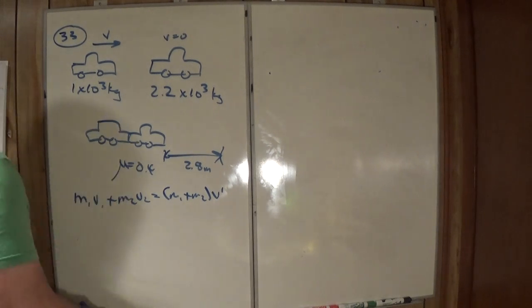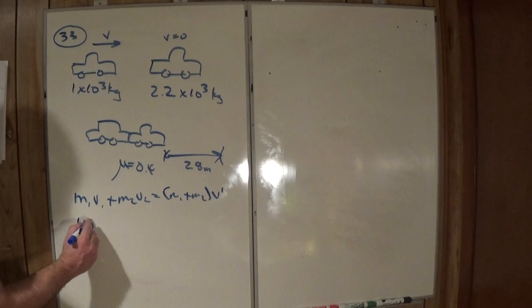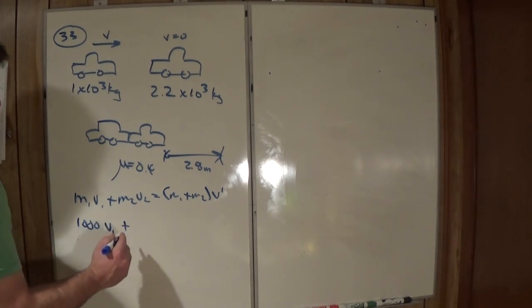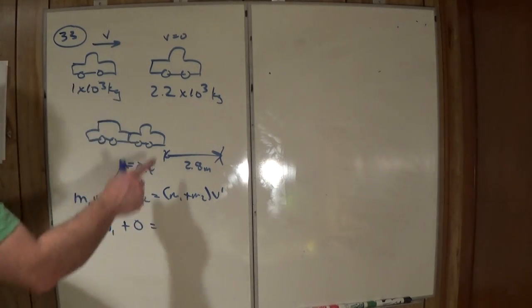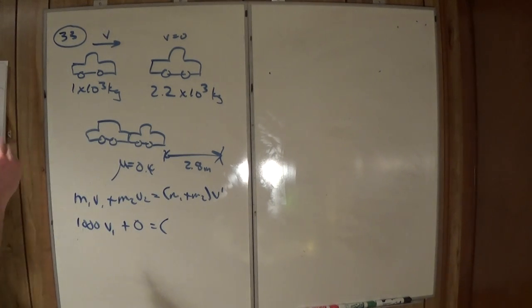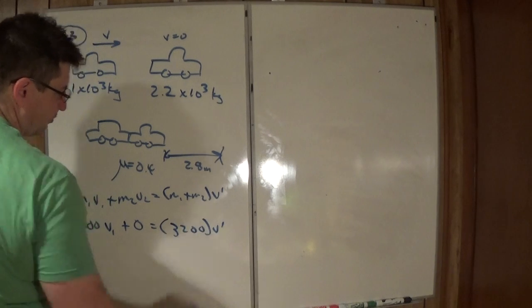This is the velocity of the two cars locked together after the collision. So 1000 v1 plus 0, no momentum for the second car, equals the combined mass of 3,200 kilograms times v prime.